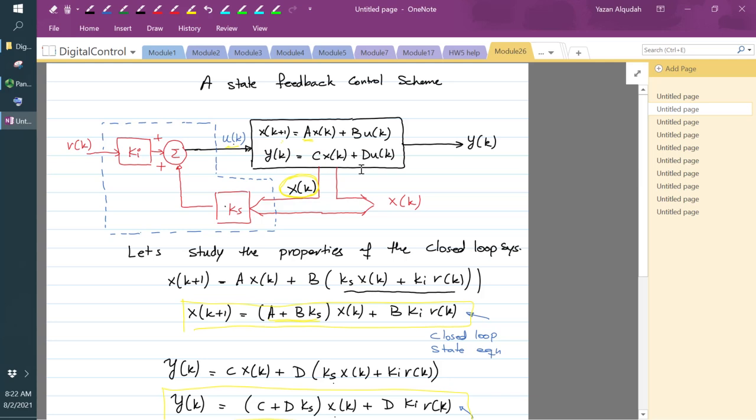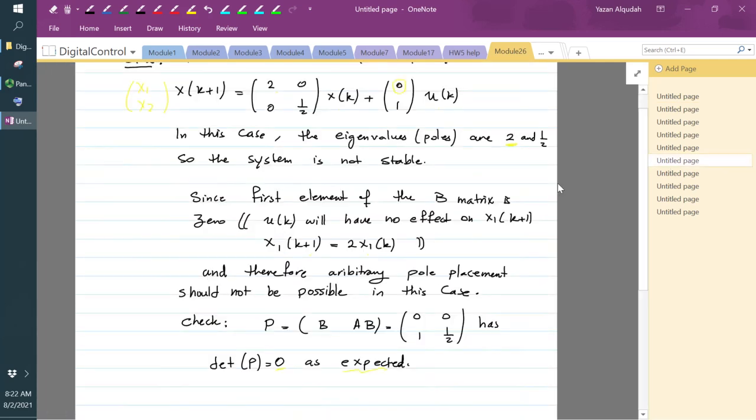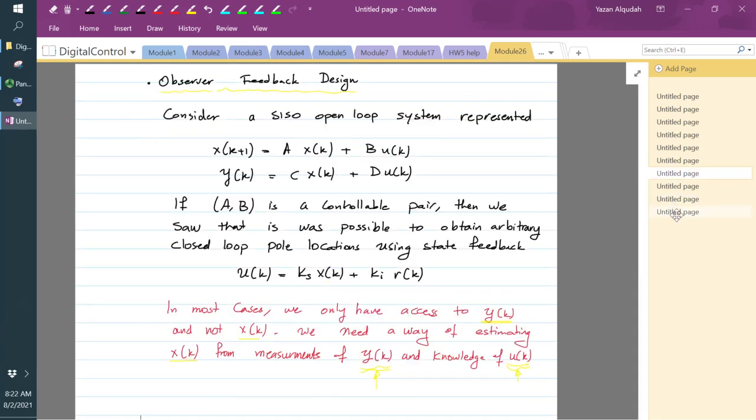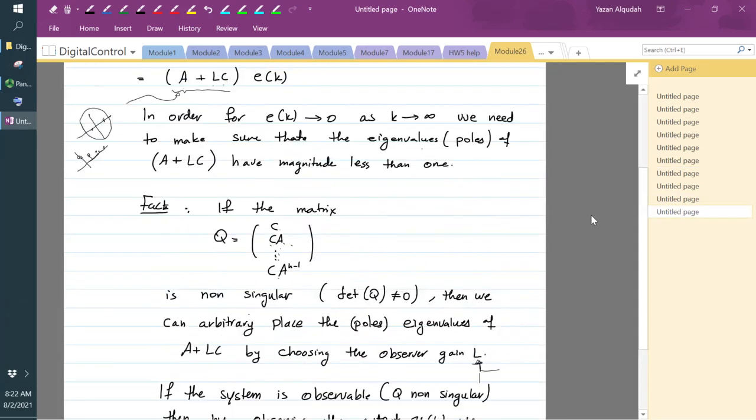Now the other concept is observability. Under what condition is the system observable? It means I can look at the output, and from looking at the output, I can create an observer that will estimate the states of the system.